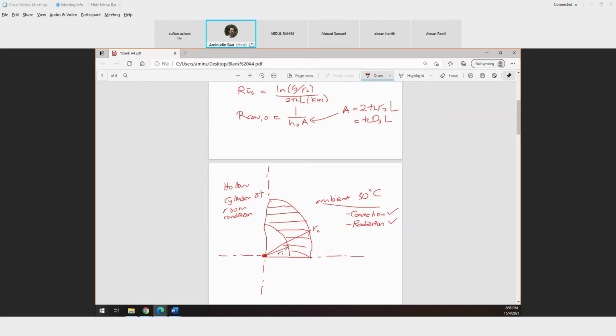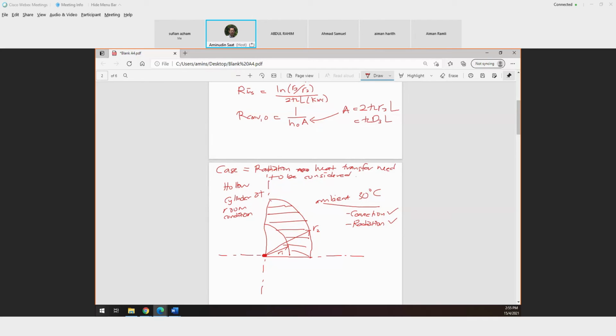But in this case, radiation heat transfer needs to be considered. Okay, how?